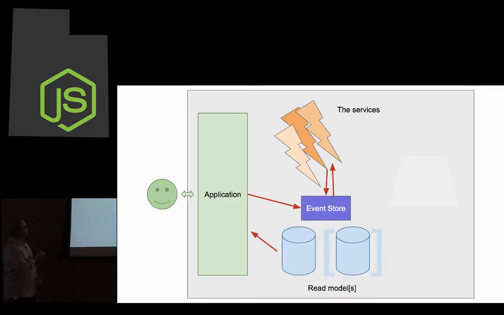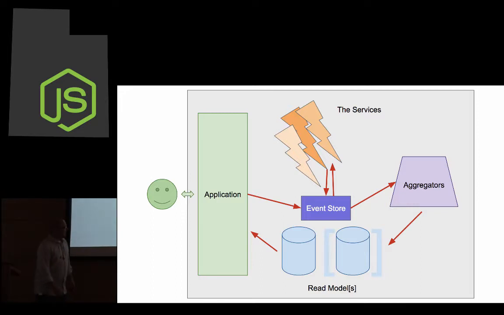The application renders screens to the user based on what we call read models, and you can have multiple of them. Read models in turn are populated by aggregators, which are a lot like services, only they consume events and output read model data. And I have to be that generic about it because there's all sorts of things you can do with that.